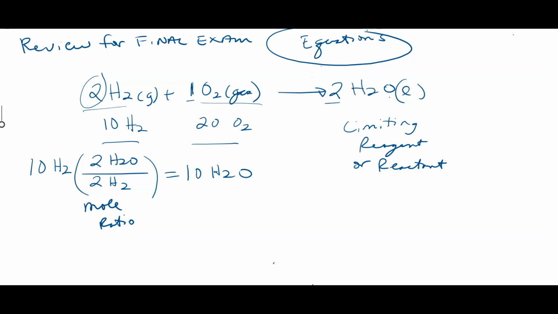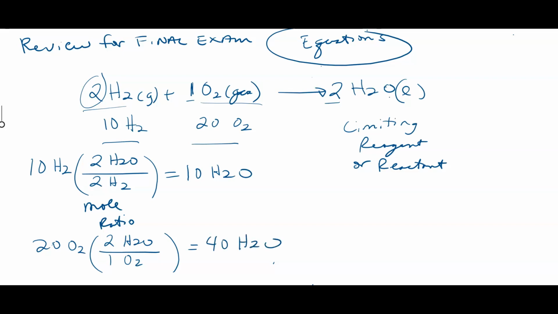Let's see how much water I can make if I have 20 oxygens. The mole ratio for oxygen to water is a 1 to 2 ratio. So in this case, if I had 20 oxygens, I could make 40 waters.